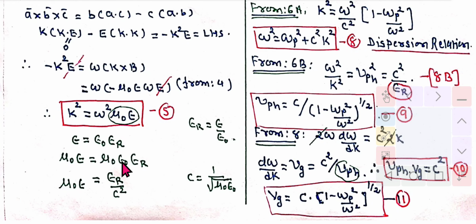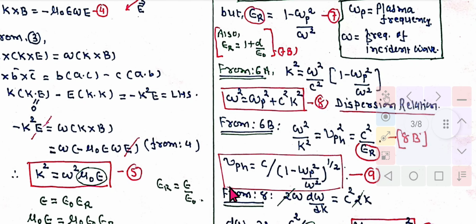So mu 0 into epsilon equal to epsilon R divided by C square. Why C square? Because you know that C equal to 1 upon square root of mu 0 epsilon 0, so C square equal to 1 upon mu 0 epsilon 0.